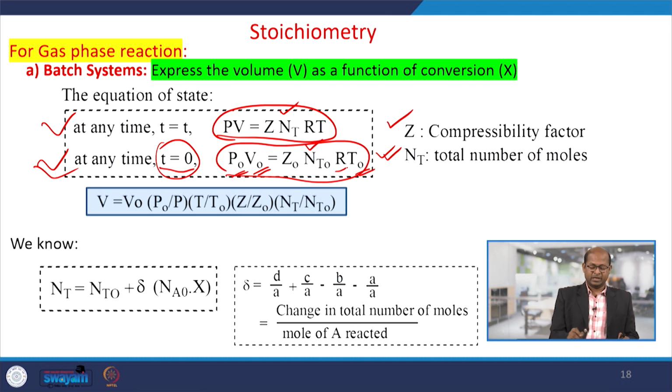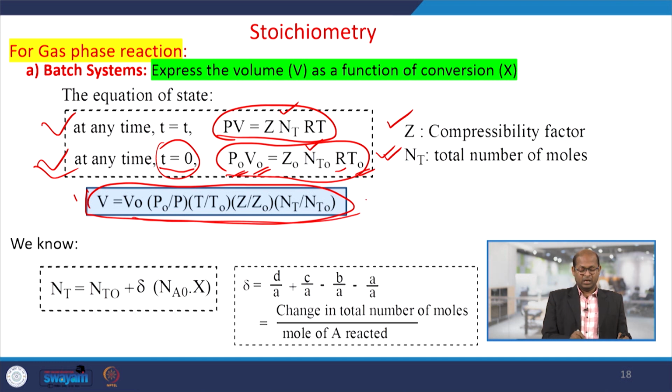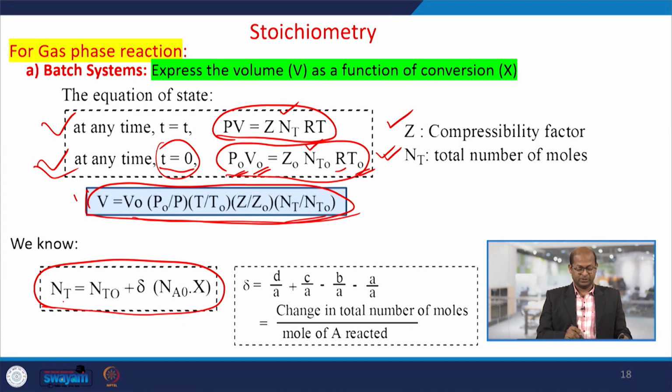So, if we take the ratio of these two, then we can write this. Okay. So, the left hand side is the volume, and then the pressures, temperatures, compressibility factors and N t naught, that way we can write. Here we have derived the total number of moles in our stoichiometric table.